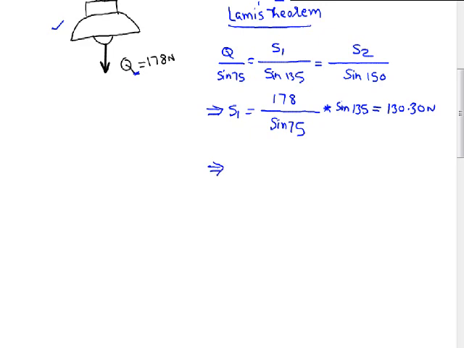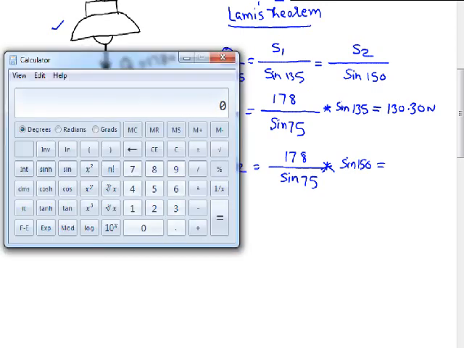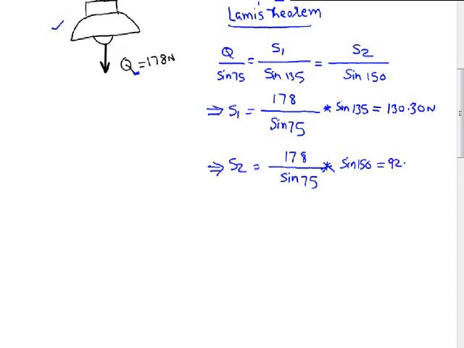Similarly, you can find the value of S2 to be 178 by sine 75 multiplied by sine 150, which is equal to 178 divided by sine 75 multiplied by sine 150, which is approximately 92.14 newtons.